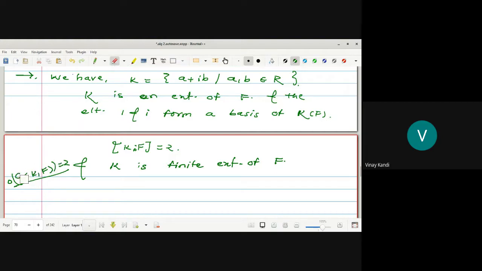Great. Now let us compute G(K/F). What is G(K/F)?